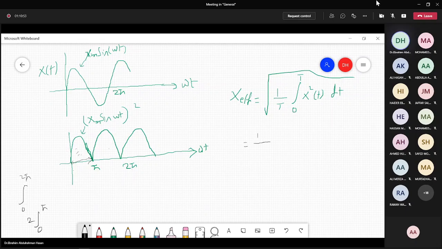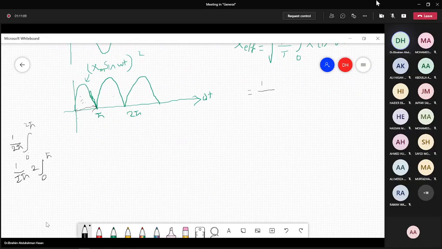If you write this one from 0 to 2 pi, then it is divided by 2 pi. If you take the 1 over 2 pi, this 2 cancels with this 2, then it is left with 1 over pi integration from 0 to pi, which is only this part.